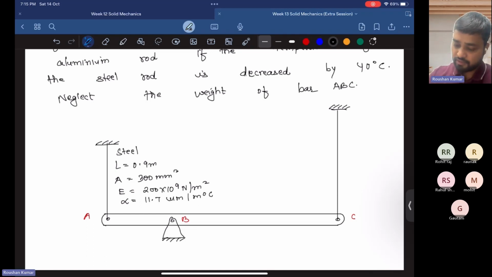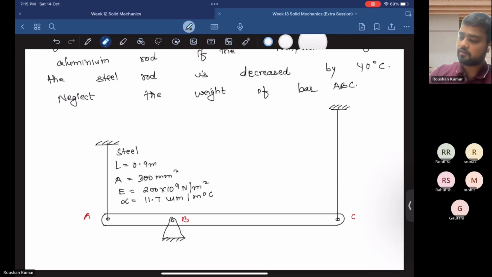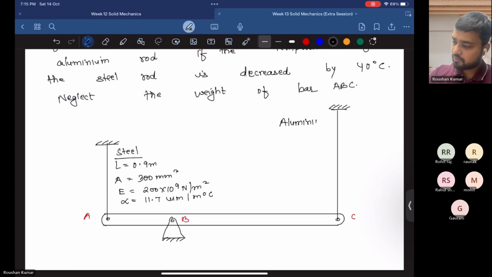And this is the aluminum bar. The properties are: length is 1.2 meter. Area is given as 1200 mm square. Young's modulus is given as 70 into 10 to the power 9 Newton per meter square.